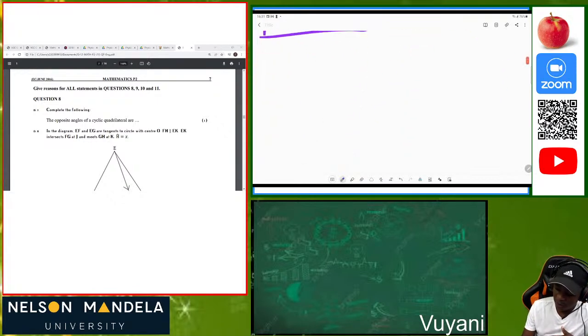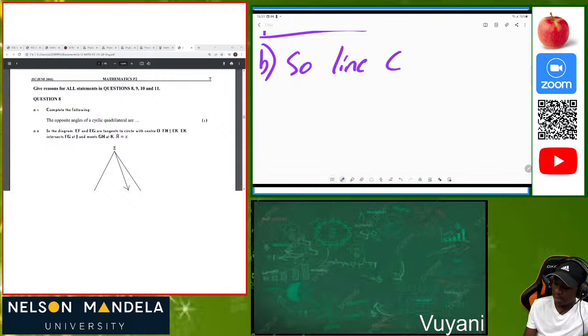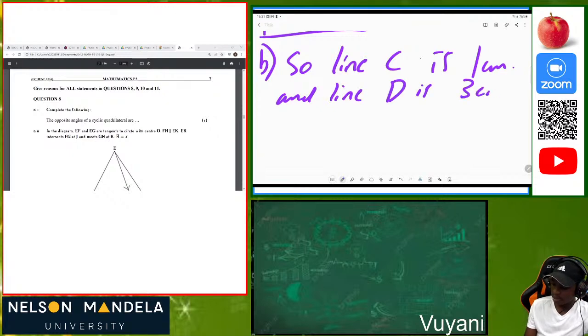Now let me give you another small example, example number 2. Let's say line C is 1 centimeter and line D is 3 centimeters.